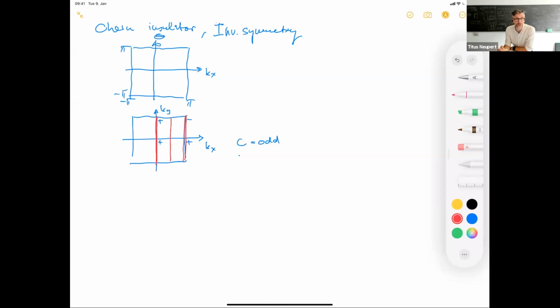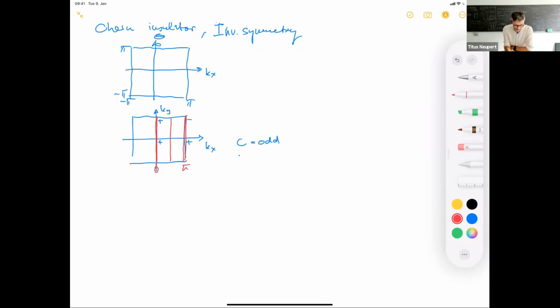And what I would like to appeal to is knowledge from the SSH model, which you might or might not have. In principle, these red cuts that I highlighted here, at least the inversion symmetric ones, the one at 0 and the one at pi momentum, you can understand as SSH models. We compute their Wilson loops, and we know that by inversion symmetry they are quantized to be 0 or pi, the polarization, right? What Jen was mentioning. In the case where we have two plus eigenvalues, there's no band inversion, no inversion of the eigenvalue.